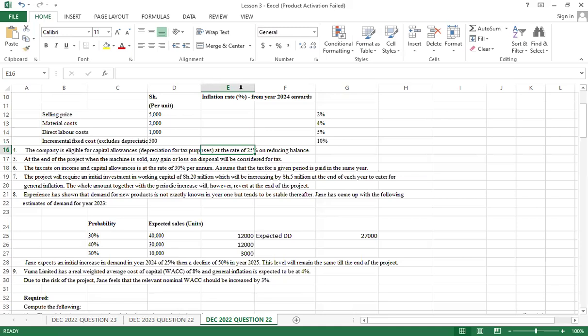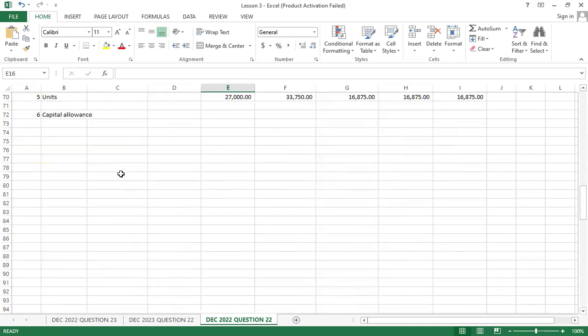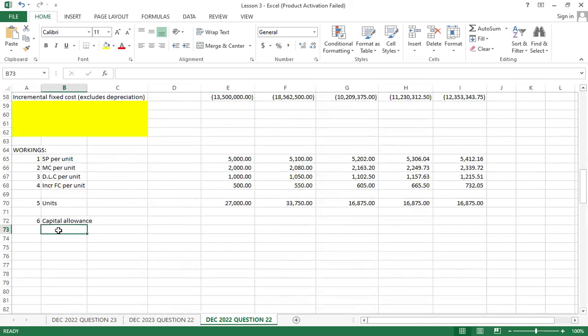We do not allow for depreciation for tax. So instead of depreciation, KRA allows for what we call capital allowance. When you want to compute this, you compute it for the first year on the cost of the asset brought forward.